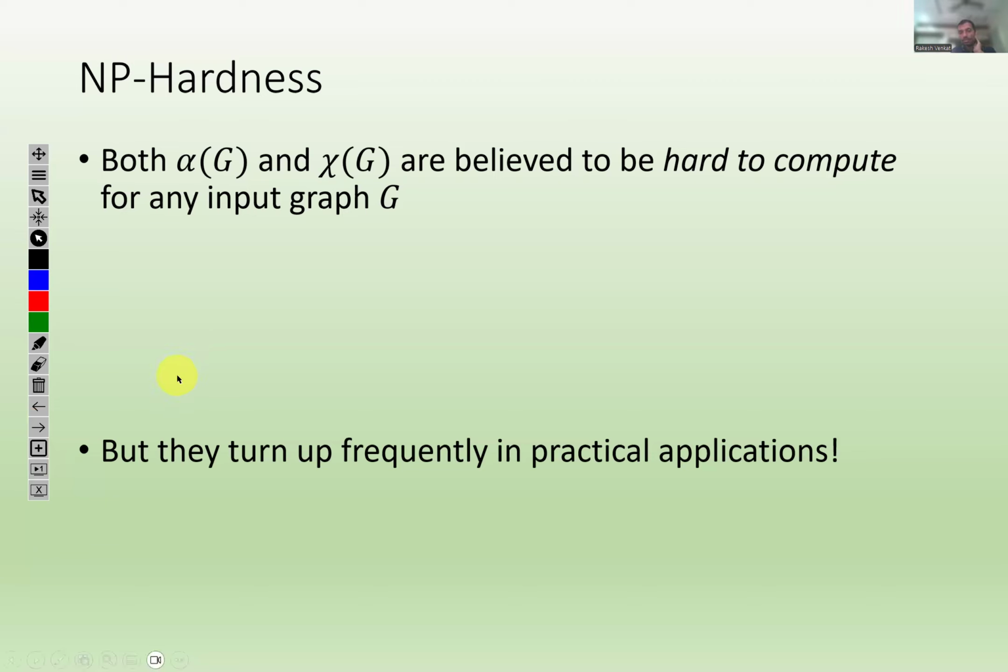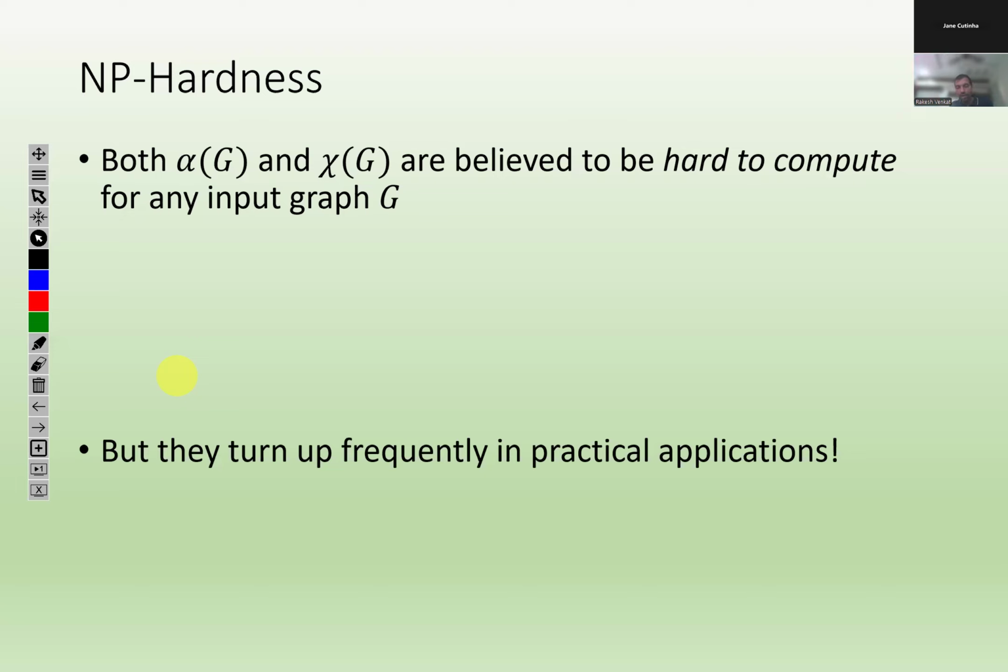So P versus NP is basically a fundamental question in computer science about the nature of computation, whether certain problems can have efficient algorithms. And it's widely believed that alpha of G and chi of G fall in this class of problems called NP hard. They're called that for a reason: people have tried many times, and they have good reason to suspect that you cannot have efficient algorithms to compute them.